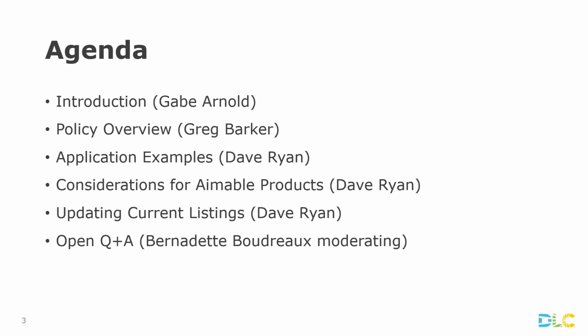And so we've done a new thing here where we've developed some application examples to assist manufacturers in understanding how to submit their adjustable products to be qualified. There are also some considerations at play for aimable products that Dave will go over. And then we also want to talk about considerations for if you want to update some of your current listings of products to be field adjustable. What that means, how to go about it, what some of the considerations are, and then we'll end with my colleague Bernadette Boudreau, who will be moderating a Q&A session at the end.